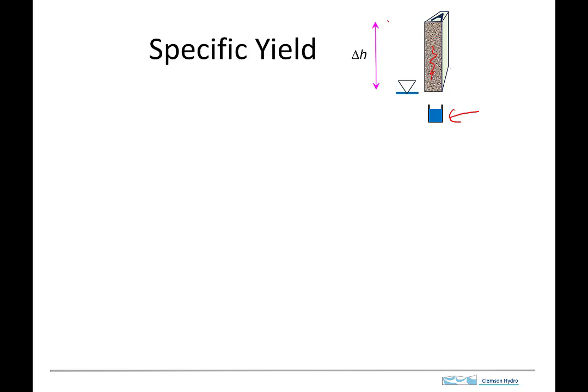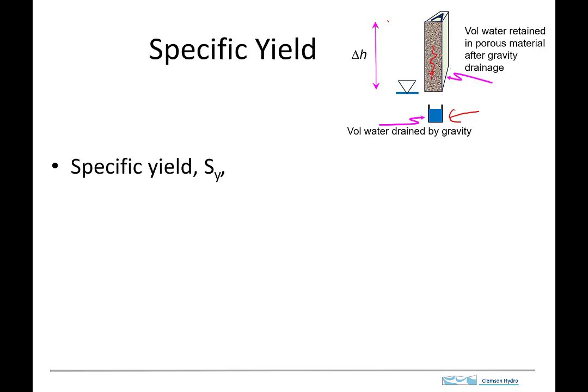All right, so here's the definition. Here's the quantity: there's the volume that's drained by gravity, and we'll also be considering the volume of water up in the porous material that is retained in the material and does not drain by gravity. So the specific yield is the ratio of the volume that has drained by gravity, this volume, to the total volume of the material, so it would be that volume there.